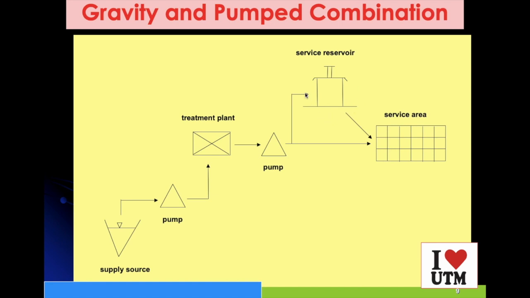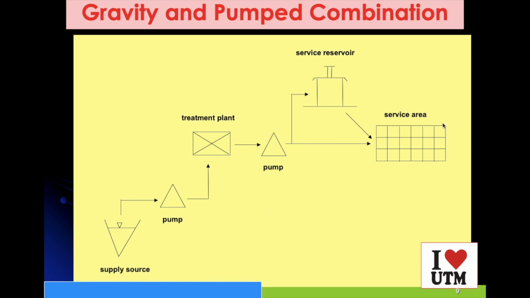Remember, we have 400 being kept at the service reservoir. So this 400 will help to provide the water needed. So 400 plus 500 being pumped will be 900 liters per second being provided at the service area during the peak hours.